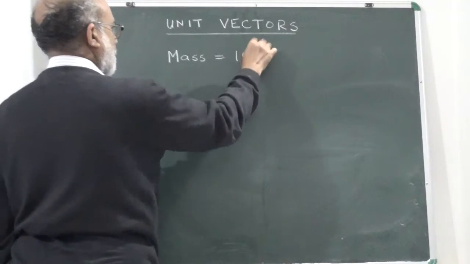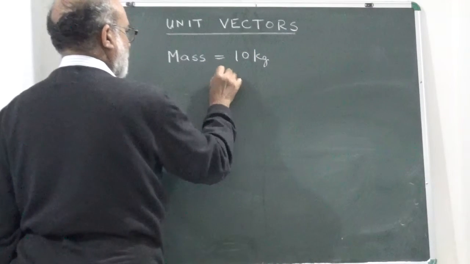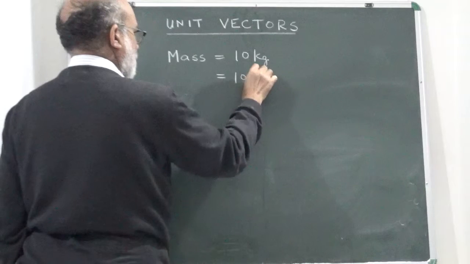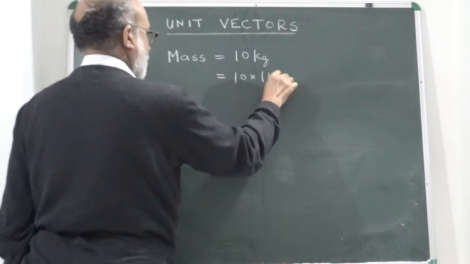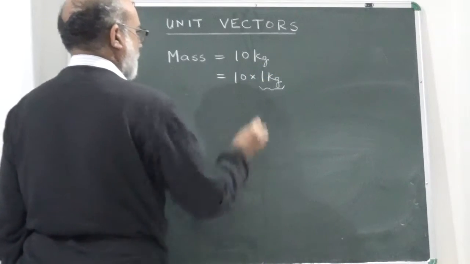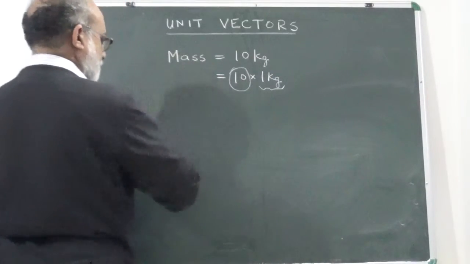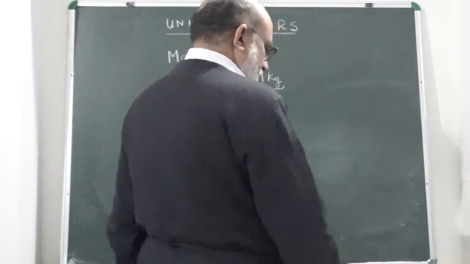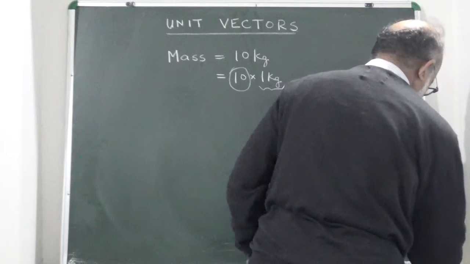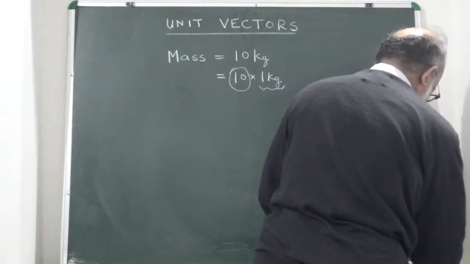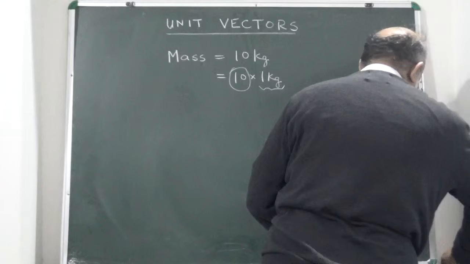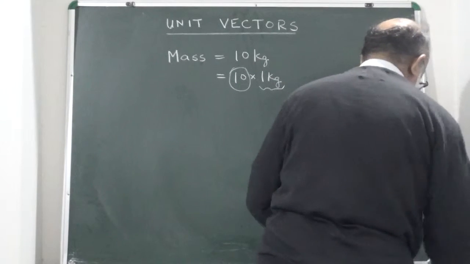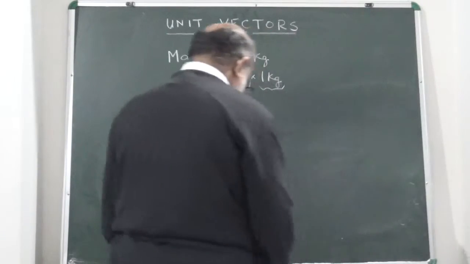Mass is 10 kilogram. This can be written as 10 into 1 kilogram, where 1 kilogram is the unit and 10 is the magnitude of the mass. Similarly, in case of vectors also, we can write vectors in terms of their magnitudes and unit vectors.